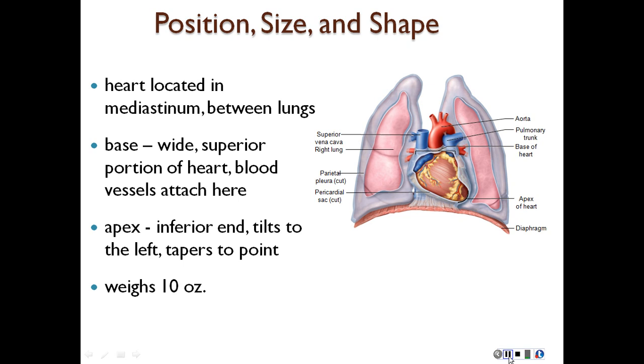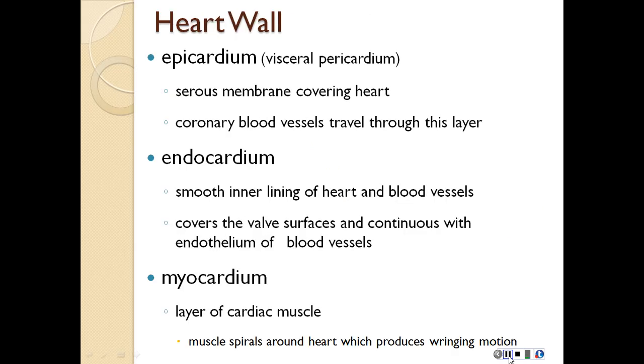And so the heart has a base and an apex. The base is the wide superior part of the heart, and then the apex is the inferior tapered part of the heart. And the heart of a typical adult weighs about 10 ounces.